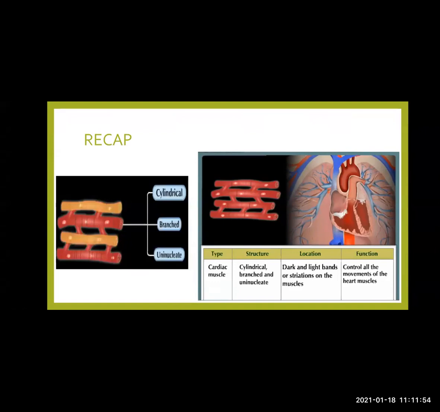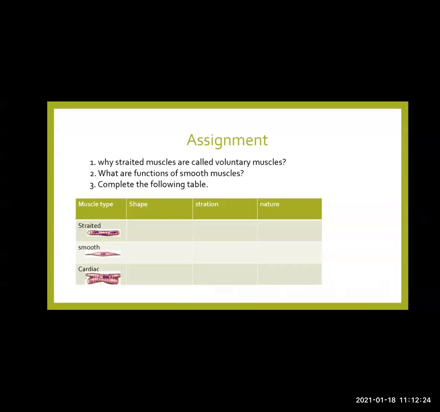These cardiac muscles are associated only with the heart. It shows rhythmic contraction and relaxation, which leads to pumping of our heart or heartbeats. These are not under the control of our will, hence they are also known as involuntary muscles.